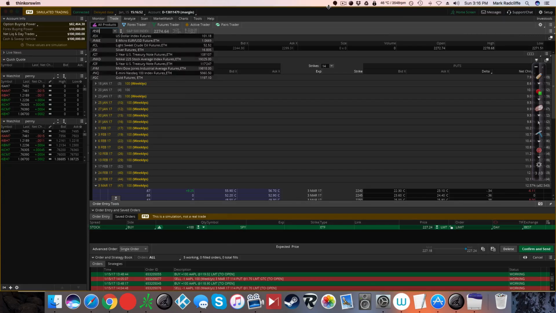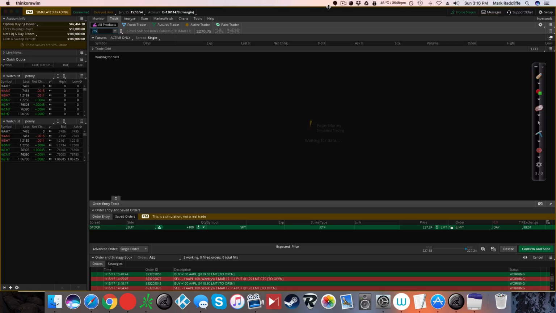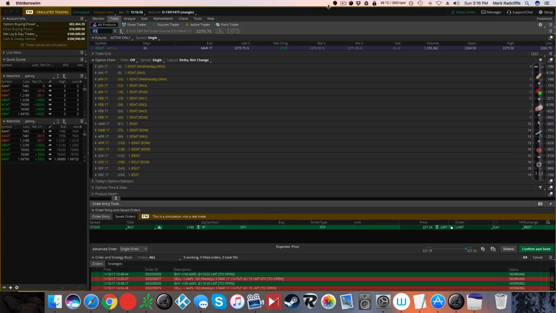There's an even larger one again if you type in /ES. This is the E-mini S&P Futures Index, and this is larger again. You're talking hundreds of thousands of dollars here in a single trade. Excuse me, with this one you'd probably only need to sell one put, so low transaction costs.